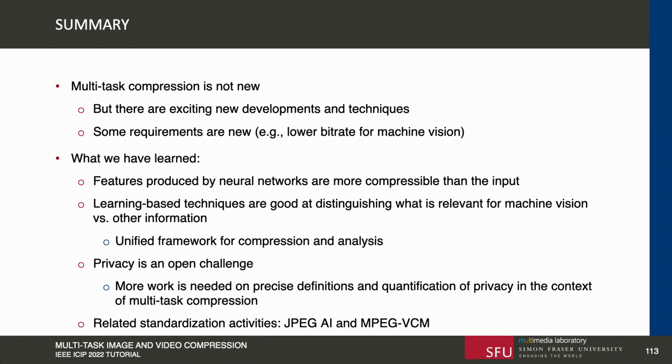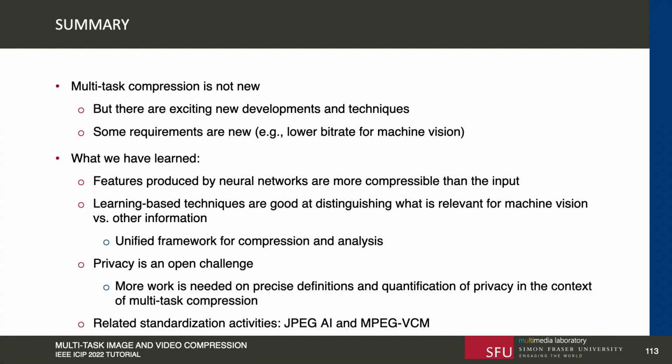Also, some of the requirements of multitask compression are new. For example, requiring lower bitrate for machine vision tasks. In the past, it wasn't clear that this could be achieved, but now we have both theoretical justifications as well as plenty of empirical evidence that this is indeed possible.